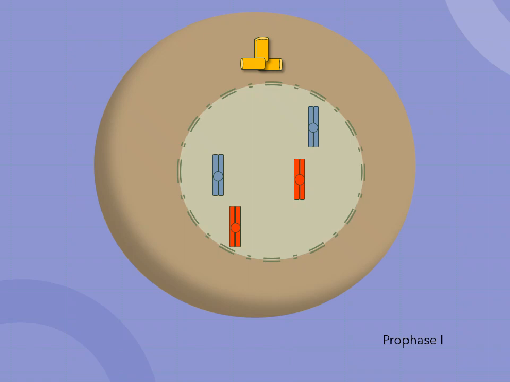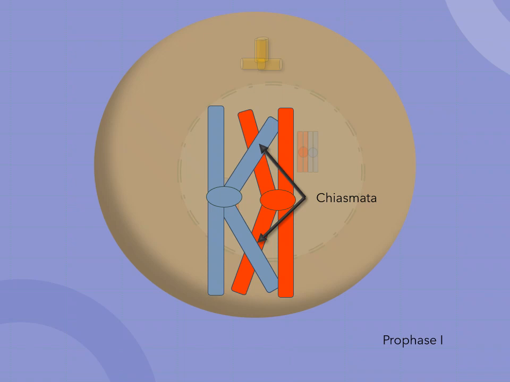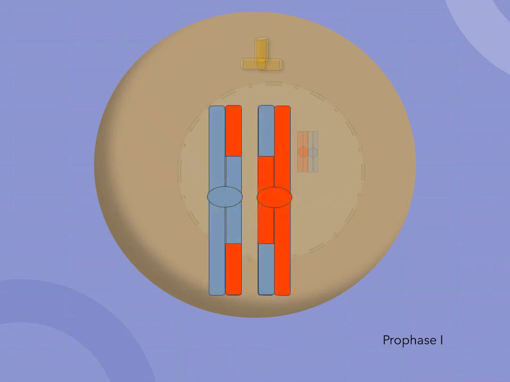The homologous chromosomes will pair up, and non-sister chromatids will cross over at regions called chiasmata. Where this crossing over happens, the chromosomes will break and rejoin, switching ends. So, by the time prophase 1 is complete, the sister chromatids are no longer identical.